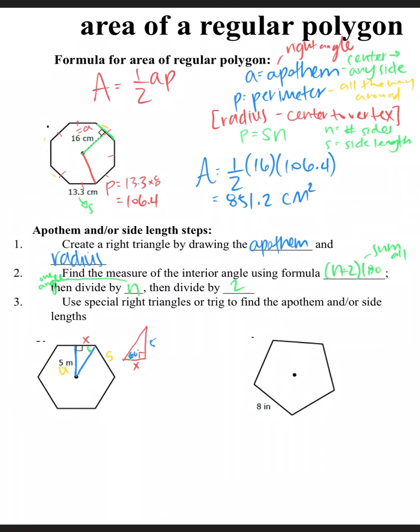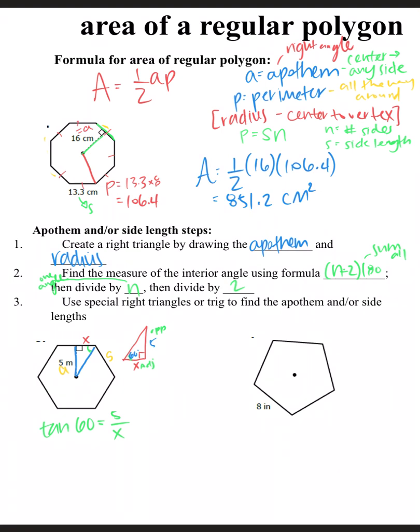Trig, which I'm going to use trig. So we've got our angle here, and this side is opposite, and this side is our adjacent. So we are going to use tangent of 60 equals opposite over adjacent.